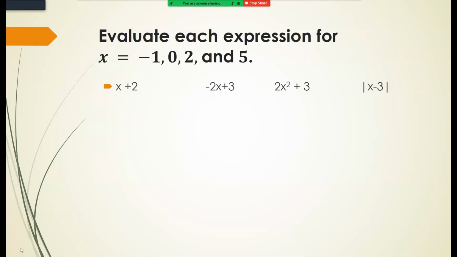All right, so let's plug in -1, 0, 2, and 5 to x plus 2.